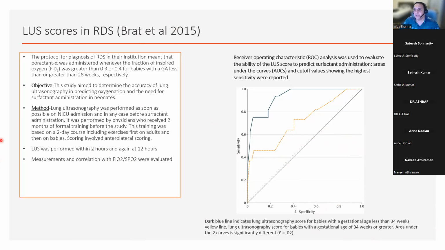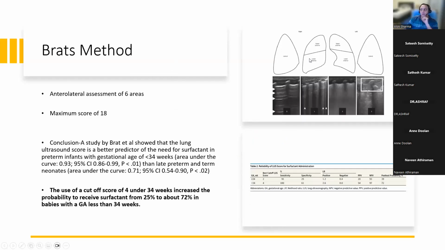Now, clearly from our perspective, when we try to work out what treatment thresholds we'll have, I'm just going to have to take my cursor off. You do this by plotting the anterolateral region in Brat's method. The reason I'm going to take a little bit of time explaining this is because this is the method that we teach on the course.